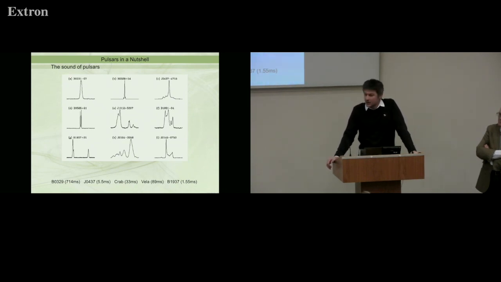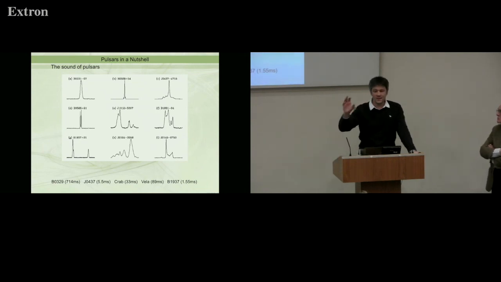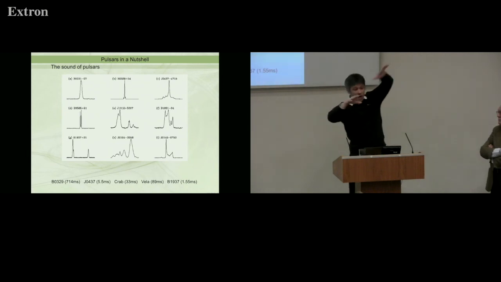So, good question. Indeed, we can only see pulsars blinking due to the fortunate alignment of the spin and magnetic axis. We think that only about 1 in 10 pulsars out there are visible to us, because the other 90% are not shining in our direction.